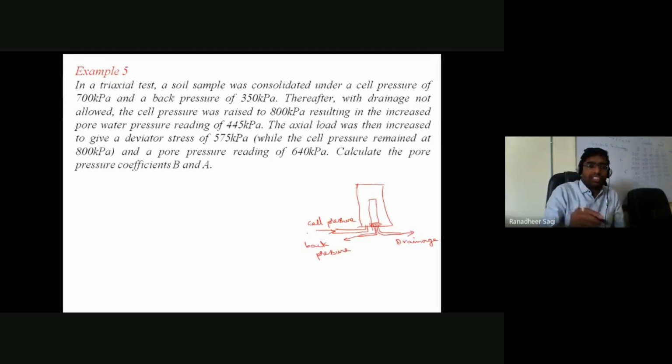If I try to achieve 100% saturation, then extracting that fully saturated soil sample and placing it inside the triaxial cell would become difficult, because there is every possibility that the soil sample easily gets damaged when you extract it and place it inside the cell.